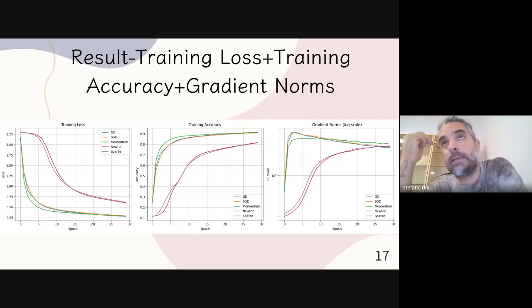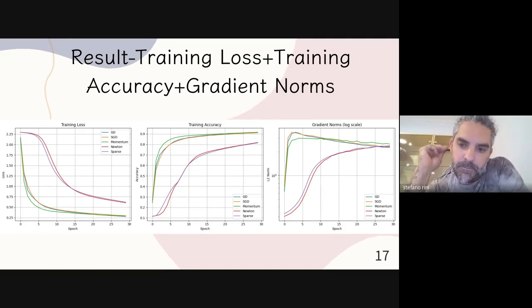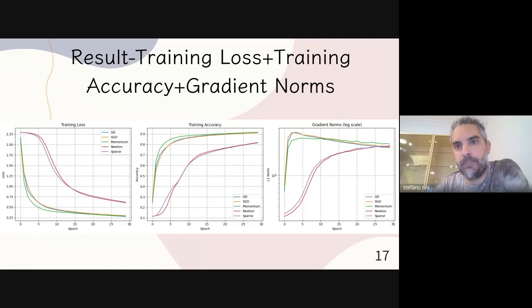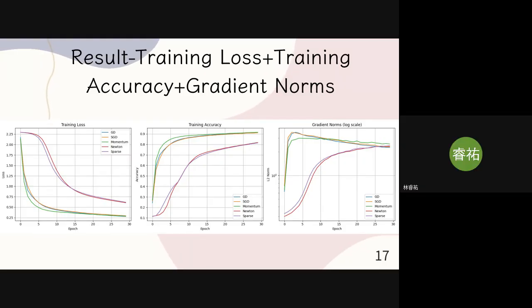The momentum should be like 0.7, 0.8, the beta parameter. The correct percent is 10. It's 10. Okay. Good. Okay, this is the results.